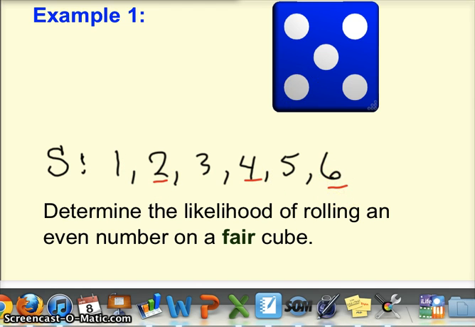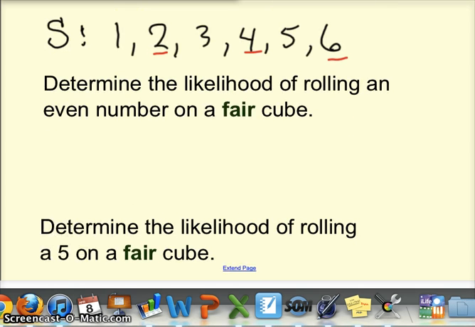So 2 is even, 4 is even, and 6 is even. So if I wrote out the probability of finding an even number, I could call that P. That's the probability of rolling an even number, which is equal to, there are 6 possible outcomes, so I'm going to put that in the denominator, and of those 6 outcomes, 3 of them are even.